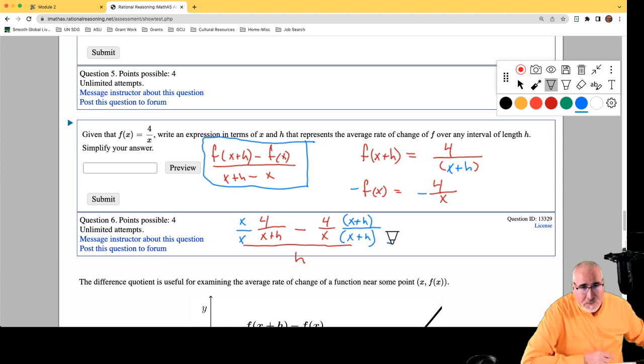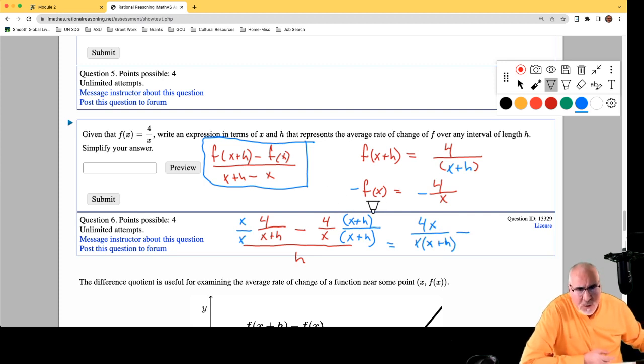Okay, so let's come over here. So then we get this x times 4, so that's going to be 4x. In the denominator, we get x times x plus h. We're going to see that this is probably going to cancel out somehow, so we actually won't multiply it out. Let's leave it together. X times x plus h. And then we're going to subtract 4.